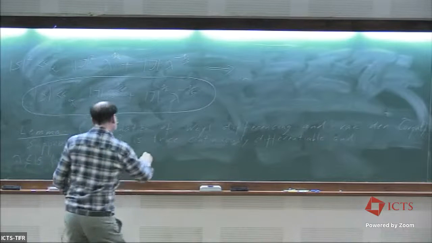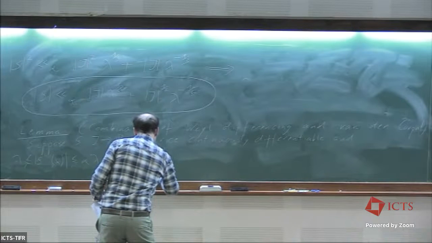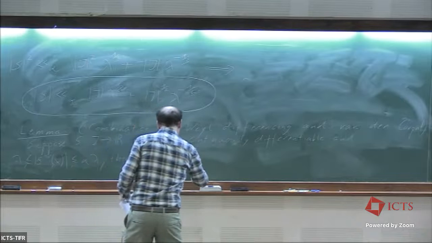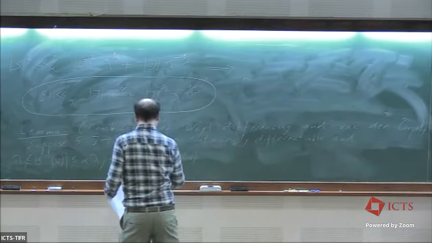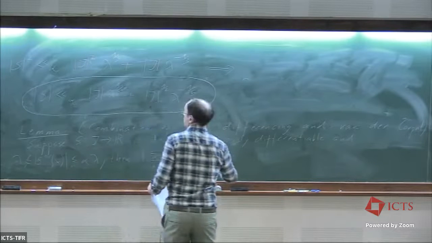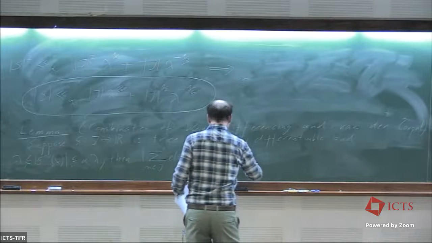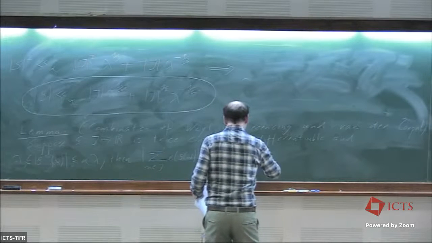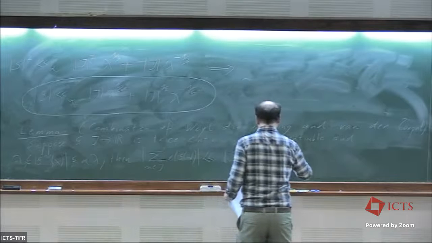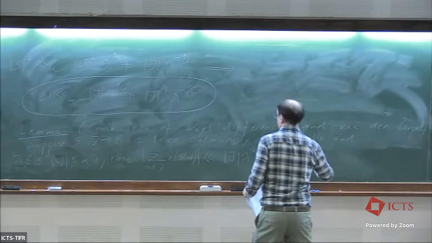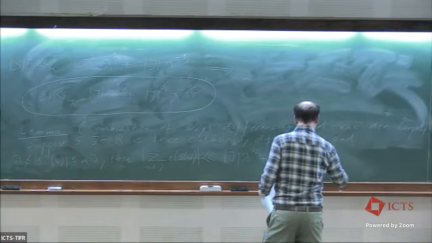Then our exponential sum is of size I lambda to the 1/6 plus I to the 1/2 lambda to the minus 1/6.